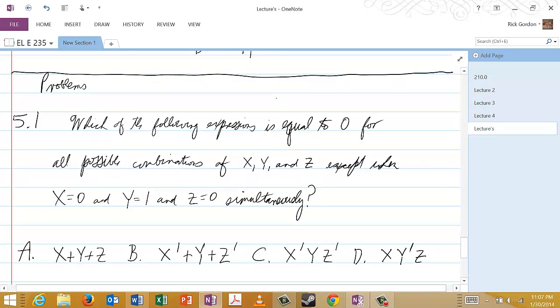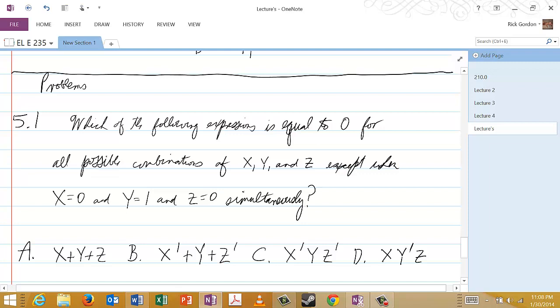Let's now discuss the problems for this lecture. Problem 5.1, which of the following expressions is equal to 0 for all possible combinations of x, y, and z, except when x is equal to 0 and y is equal to 1 and z is equal to 0 simultaneously? In other words, all three of those statements have to be true.